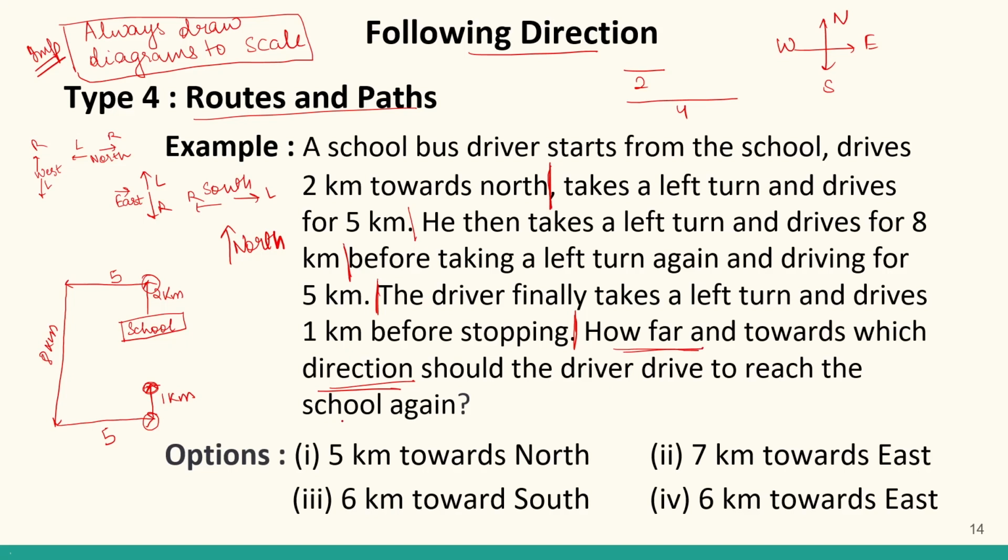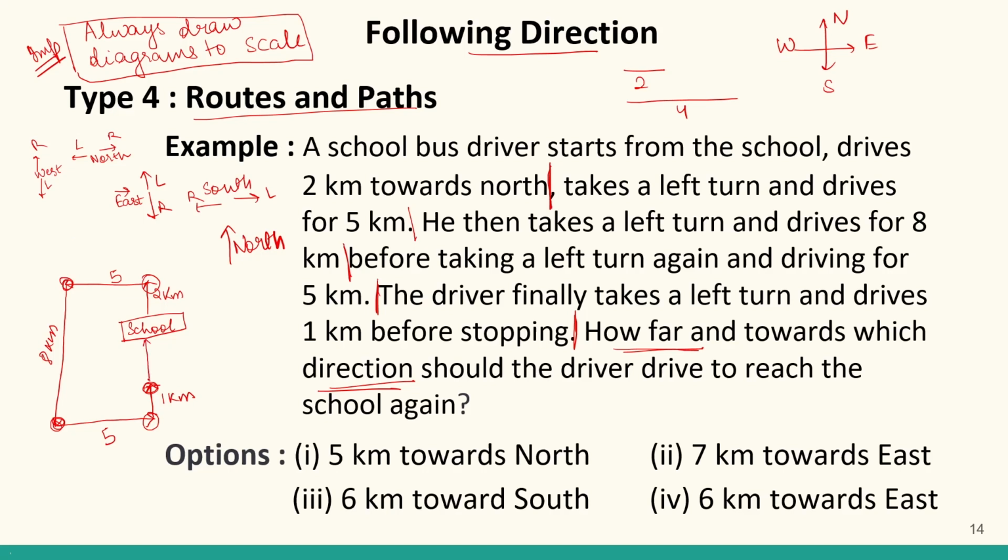Now, second part is how far. So let us calculate. Over here, this point and this point will be exactly adjacent to this point. These 4 points form a rectangle, right? So if he is moving 8 kilometers down and over here he has already covered 1 kilometer and 2 kilometer distance.